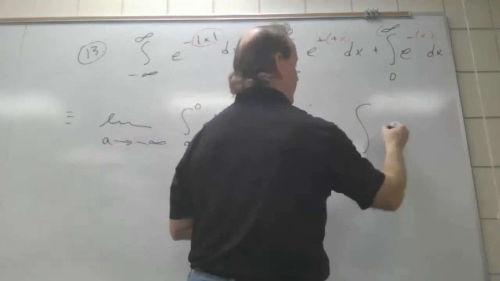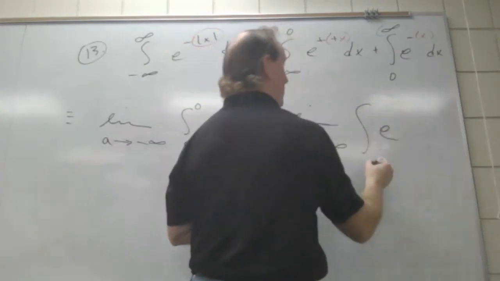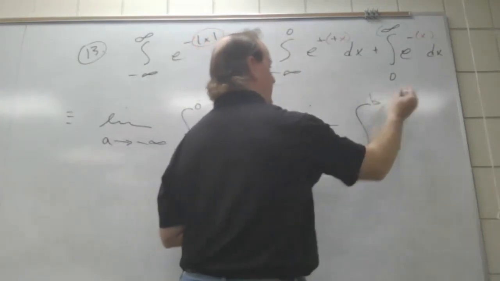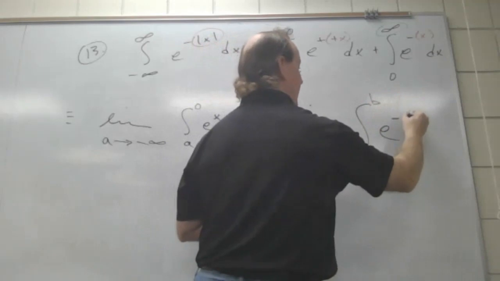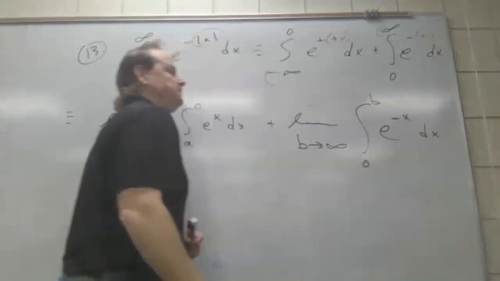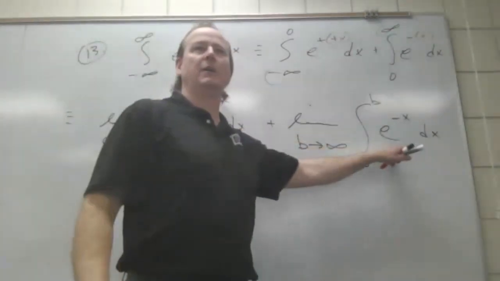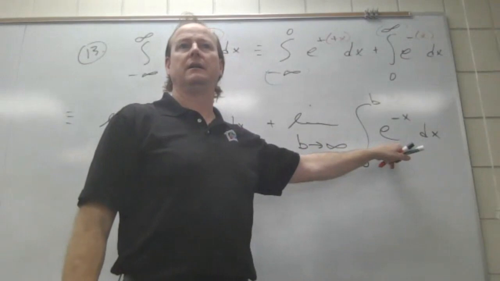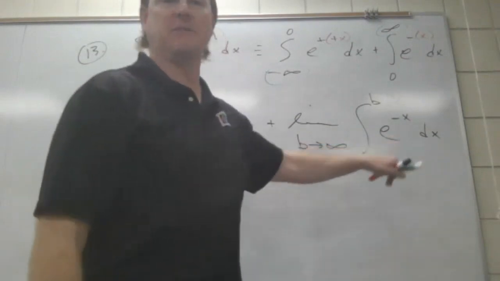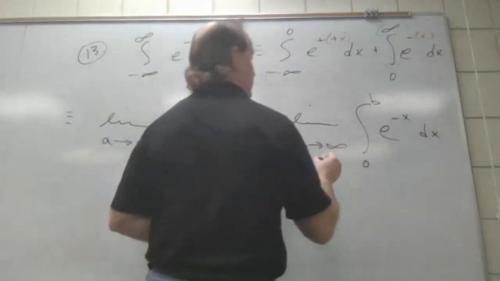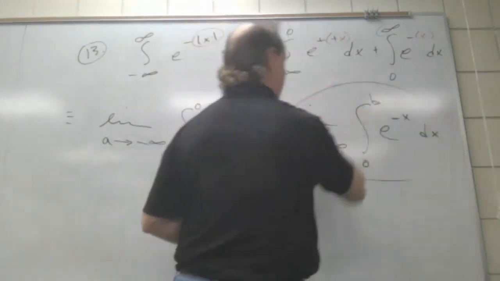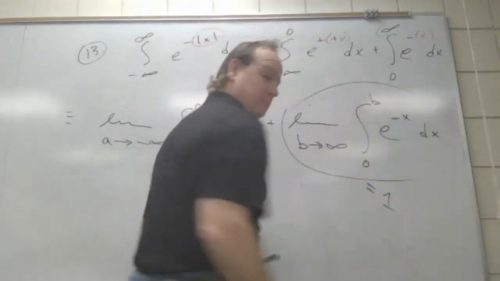The limit as b goes to positive infinity of the definite integral from 0 to b of e to the minus x dx. We already did this one, didn't we? That was the first example I gave you. So this right here equals 1.